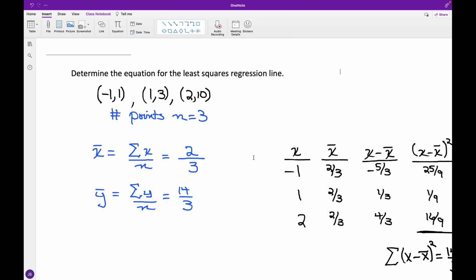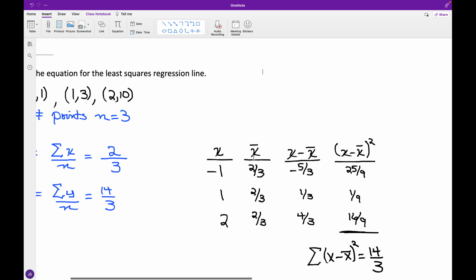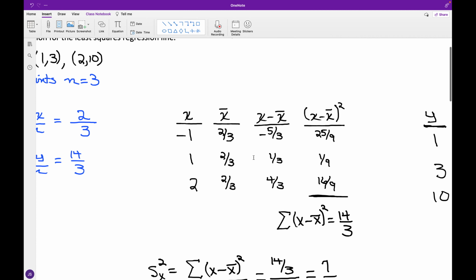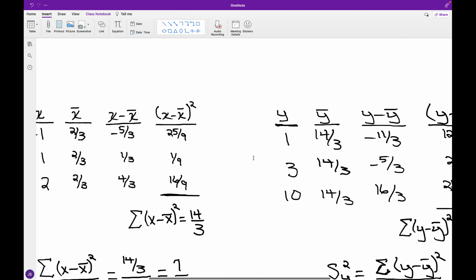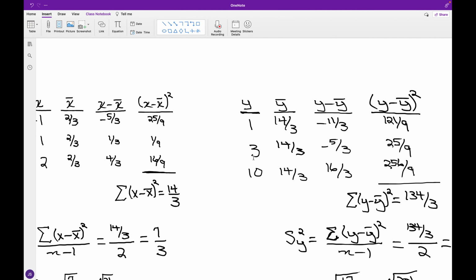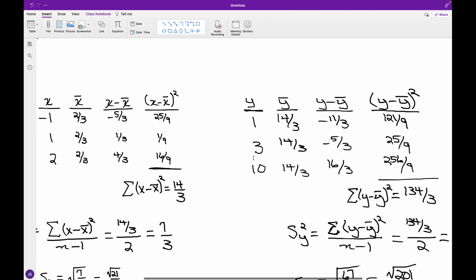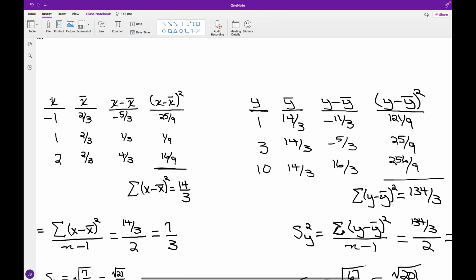After attaining the means, we'll be looking at the sample standard deviations for the x and y terms. Just lining up the sets of x and y values, you're going to be taking differences between each x, one at a time, and the mean value, which is 2/3 throughout.